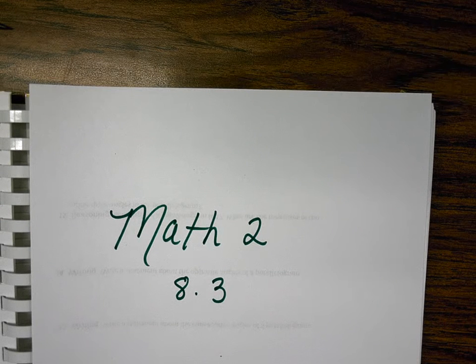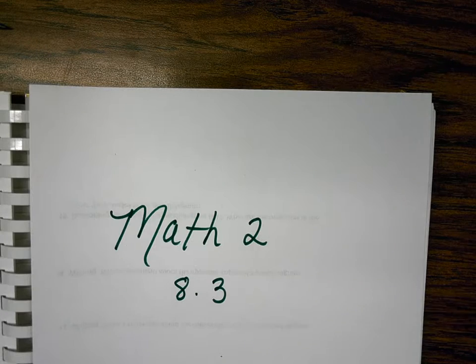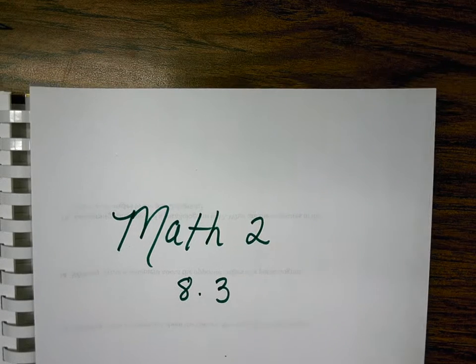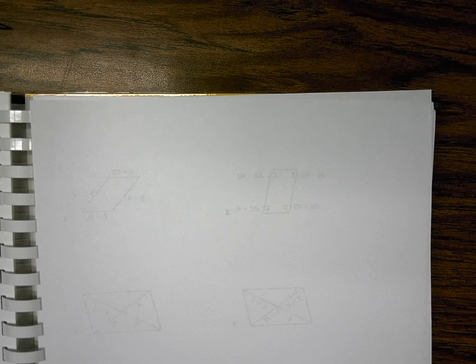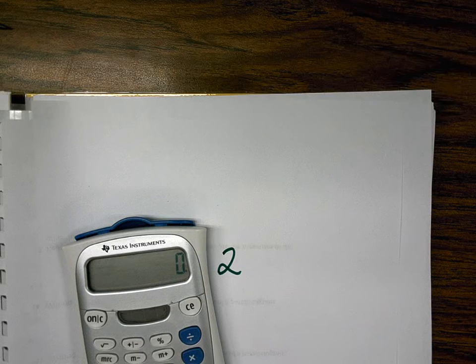Okay, class, at this point you should have out your assignment packets that Mr. Pazzi has handed out. That's this packet here. You should have out your notebooks ready to write in, something to write with, and a baby calculator or a calculator of your own if you have one.